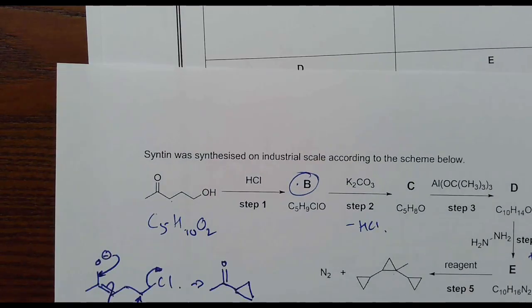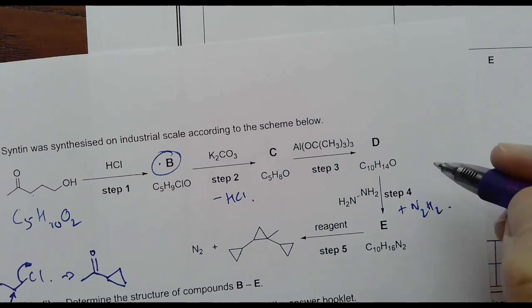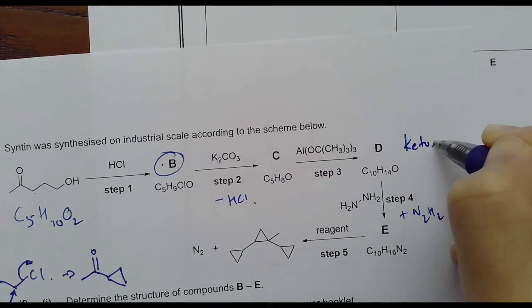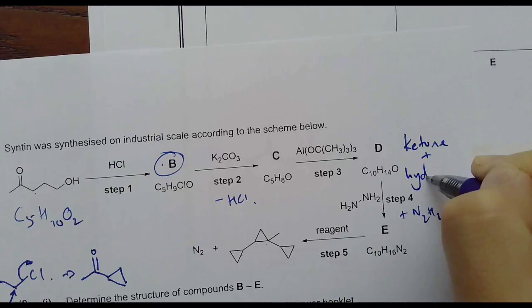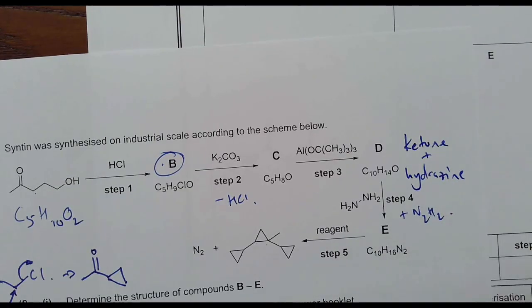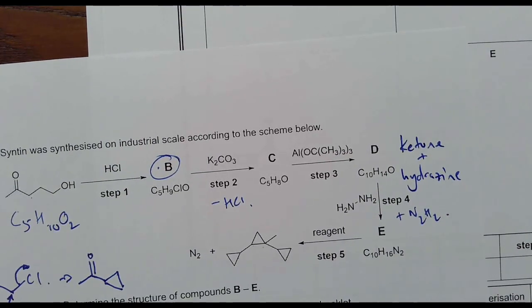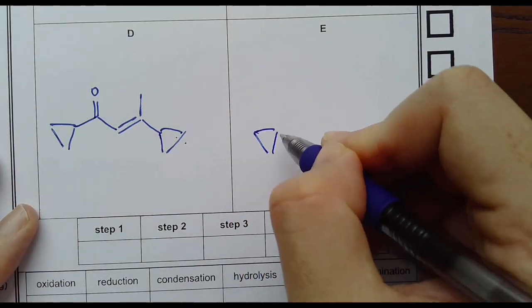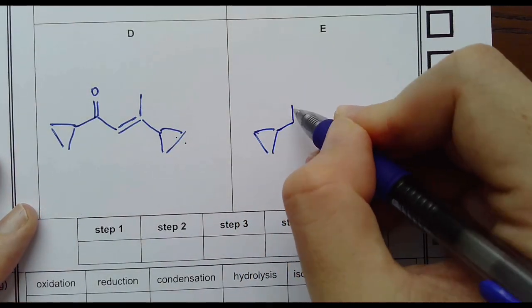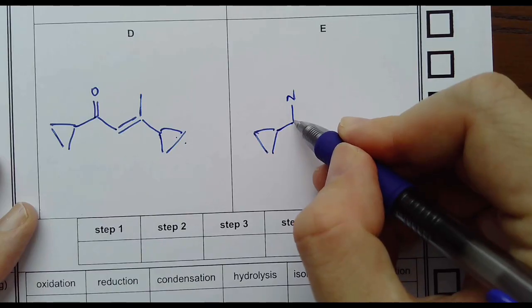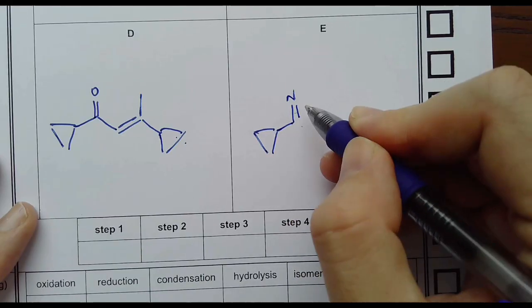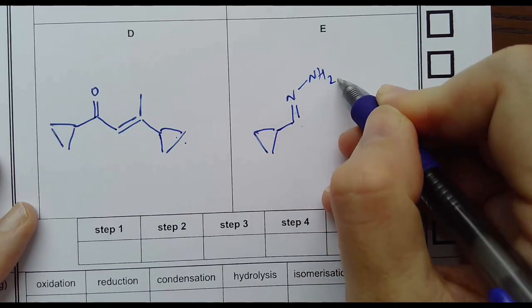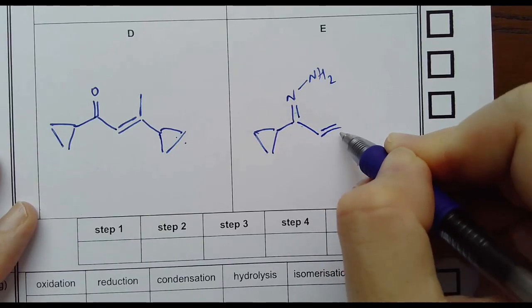So this step involves a ketone plus hydrazine. It seems to be a pretty standard reaction, and all that happens is you replace the ketone with the hydrazine, and you get that.